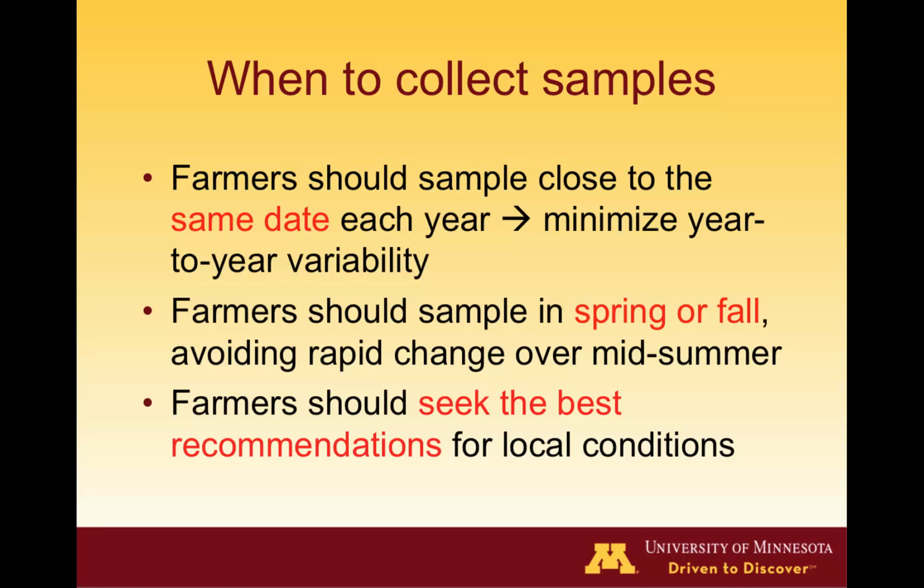So if you take samples during the summer, you will get very large variation, for example when comparing before fertilizing and after fertilizing. And farmers should seek the best recommendations for each single local condition.